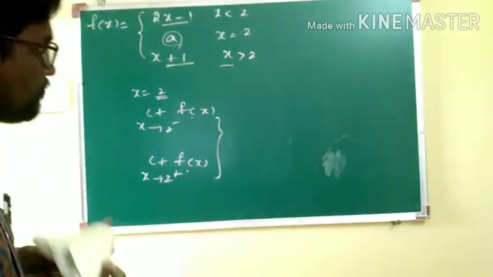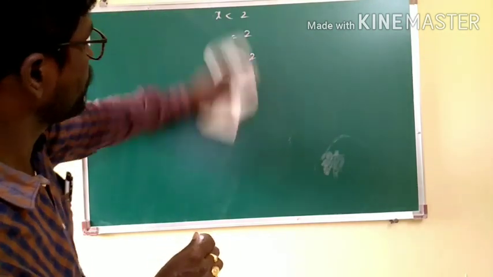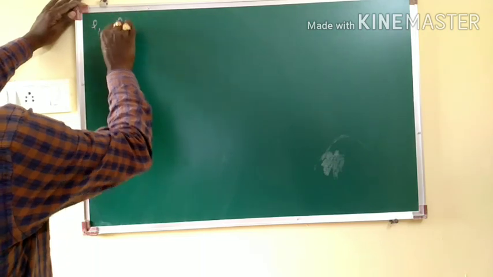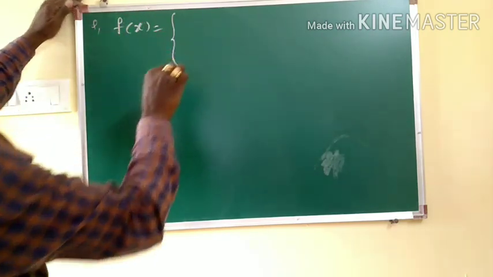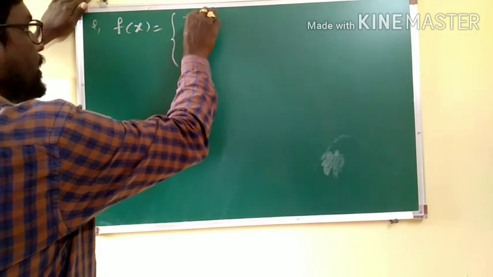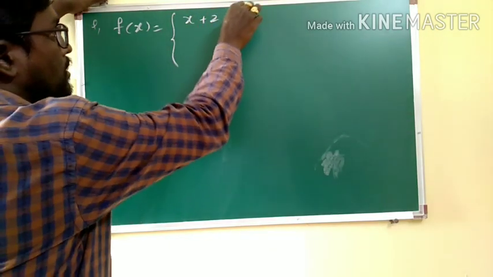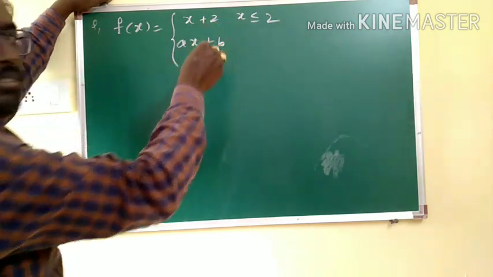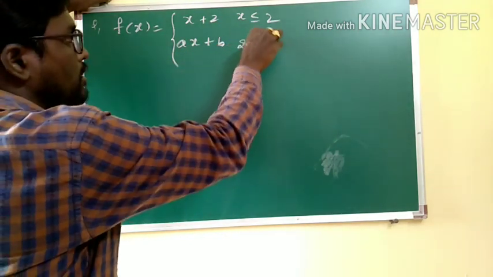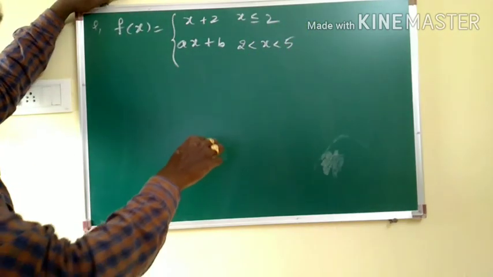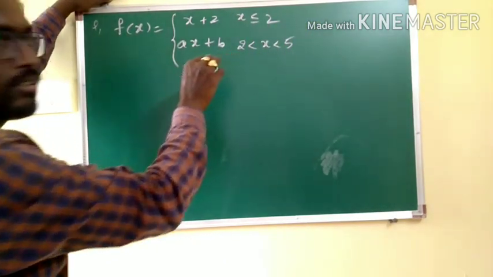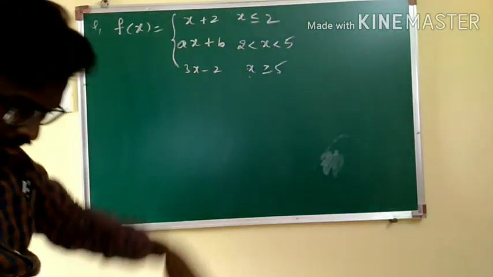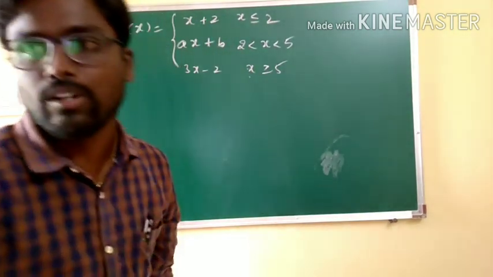What is the function here? f of x is equal to x plus 2 if x is less than or equal to 2, ax plus b if 2 is less than x less than 5, 3x minus 2 if x is greater than or equal to 5.